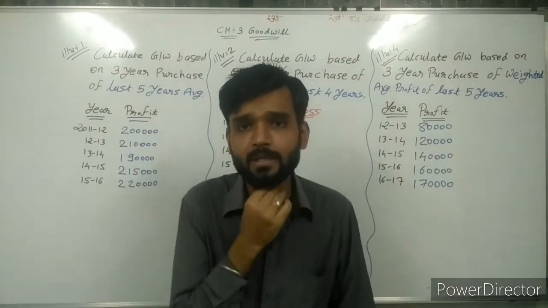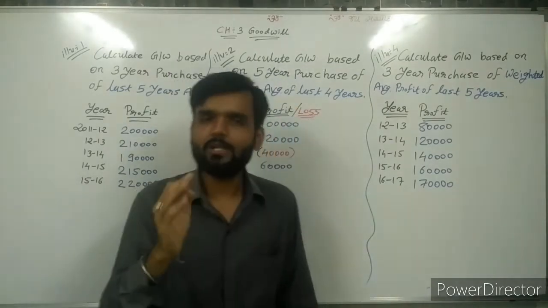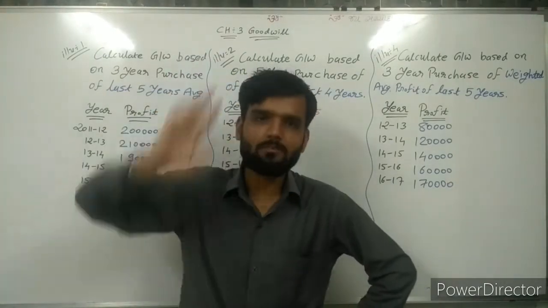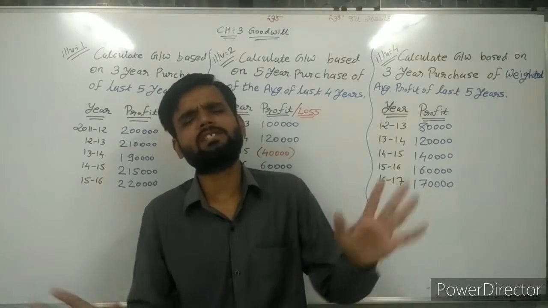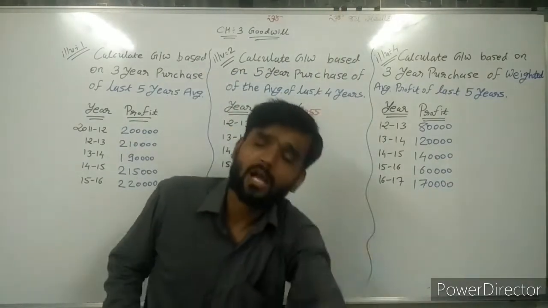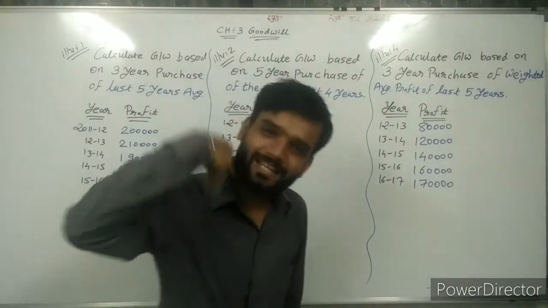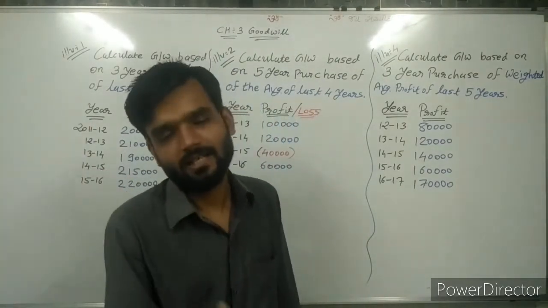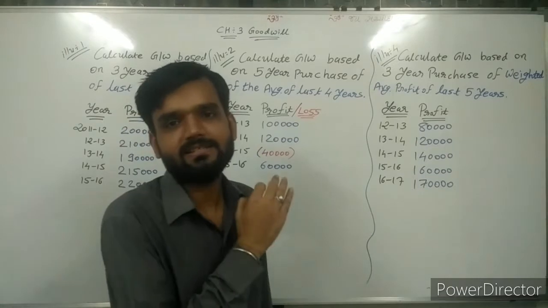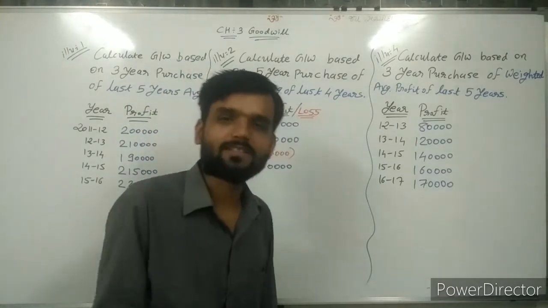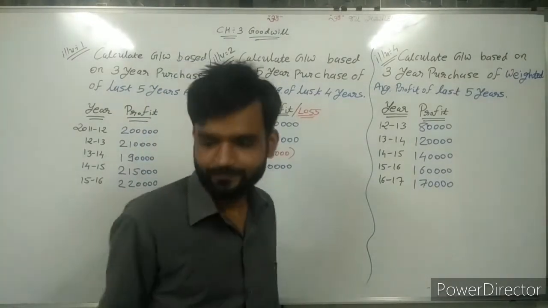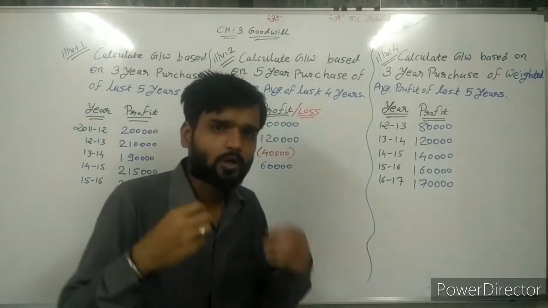simple average. Now we are starting with these three sums, and these three sums are the easiest sums in the whole of accountancy. That is what I say in every chapter, but really, these are the easiest sums in the whole of accountancy. Now we can see. First of all, what do we need to find?